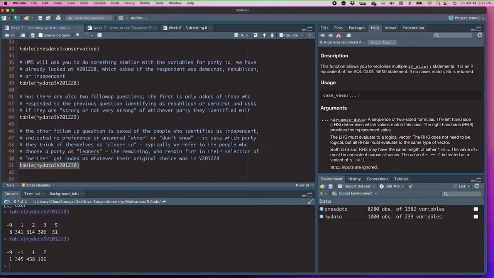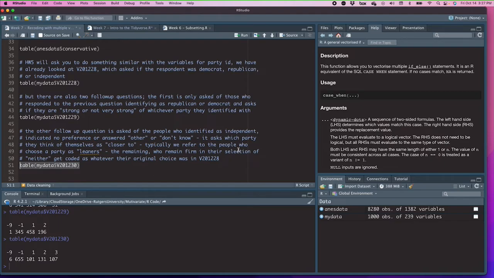Then we have this variable here, which asks everyone else, so all the people that wouldn't pick Republican or Democrat. So that includes people that said independent, or the people that said don't know, or other. Whether they think of themselves as closer to Republicans or Democrats.